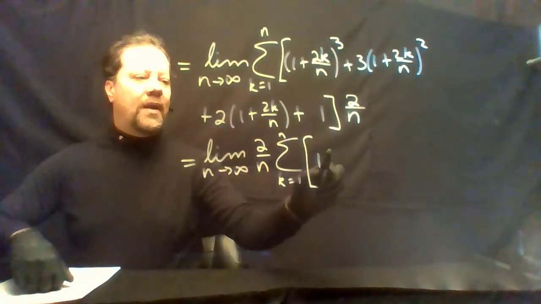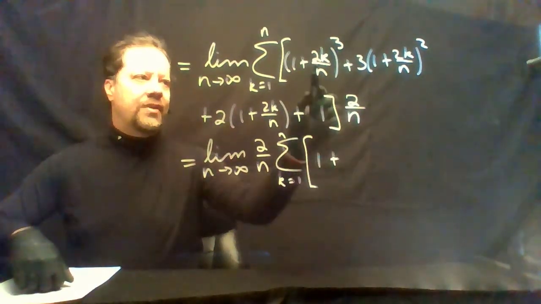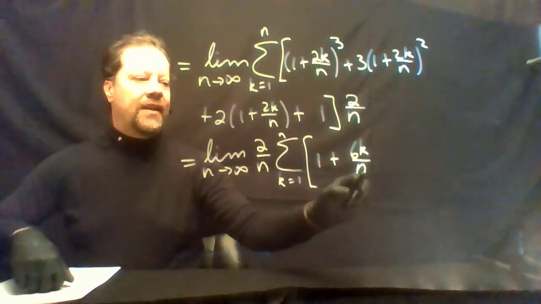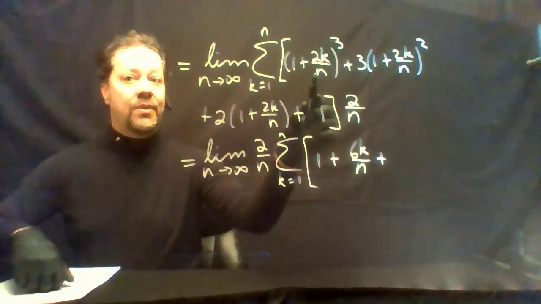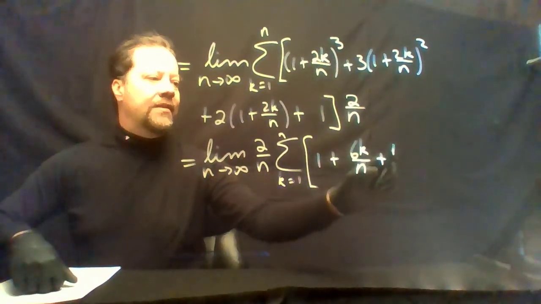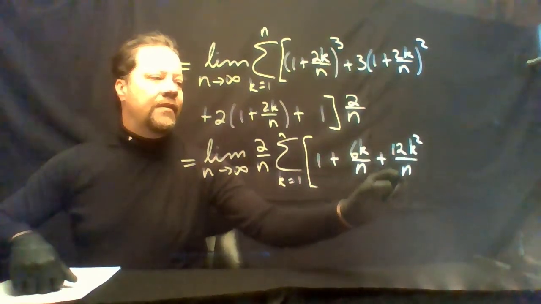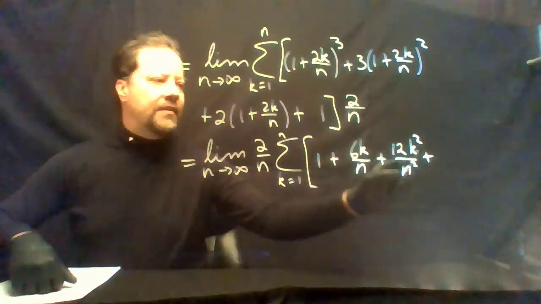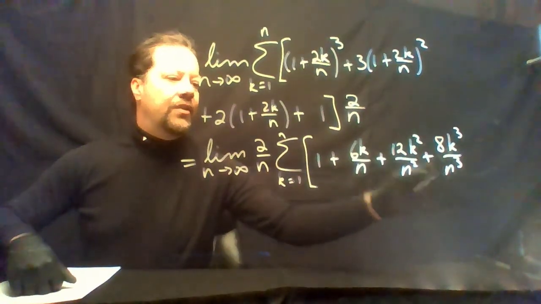This gives 1 plus 3 times 1 squared times 2k/n. That's 6k/n, plus 3 times 1 times (2k/n) squared. 2 squared is 4, times 3 is 12k^2/n^2, plus (2k/n) cubed. That's 8k^3/n^3.